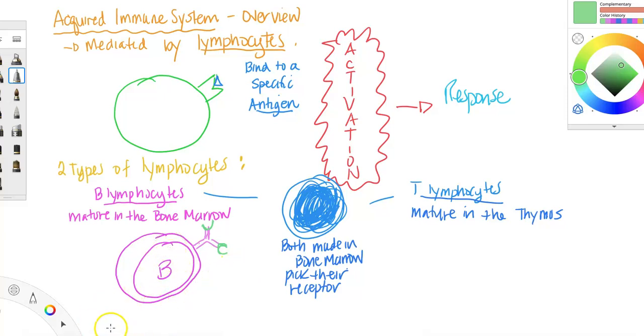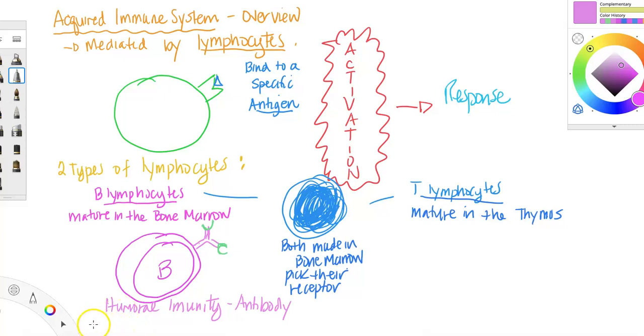B cell immunity is called humoral immunity. This is antibody immunity. And this happens in the blood, in the fluids. Okay, humors is the old-timey word for fluids.